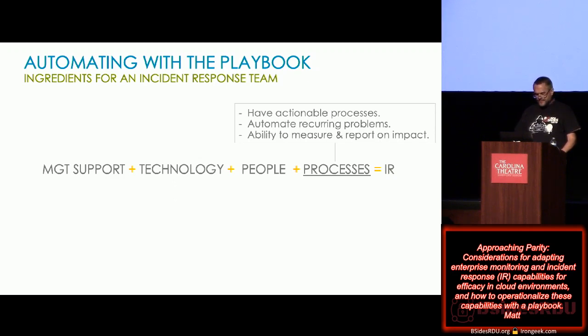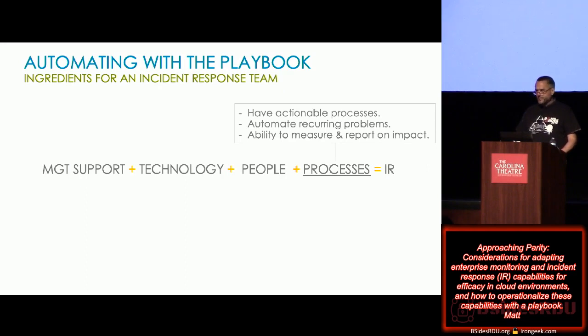Stepping back for a moment, if you think in terms of a recipe for an incident response shop, these are the ingredients that we think are required to bring a true incident response capability to bear, right? You have to have management support. You have to have the technology in place.